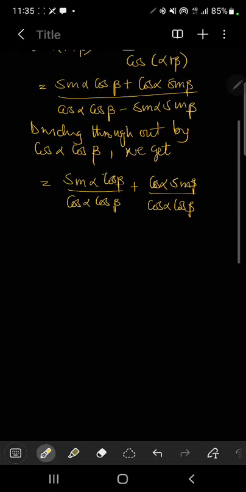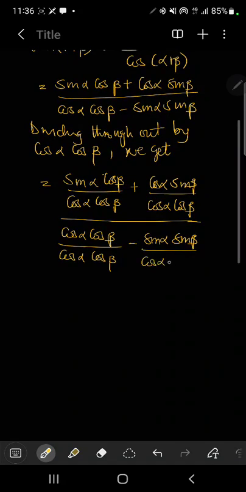Okay, that is in our numerator. Then in the denominator we have cos of alpha cos of beta over cos of alpha cos of beta, minus sine of alpha sine of beta over cos of alpha cos of beta.